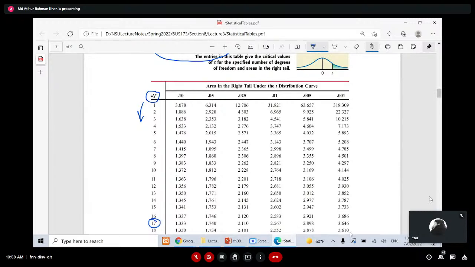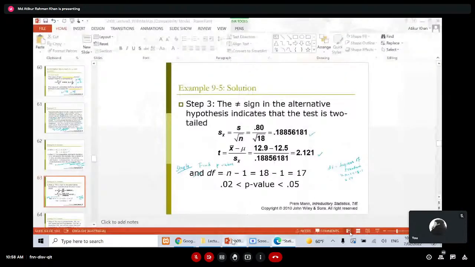This means I have to look up the row corresponding to degrees of freedom 17. Now, where is the value of t, 2.121, falling?